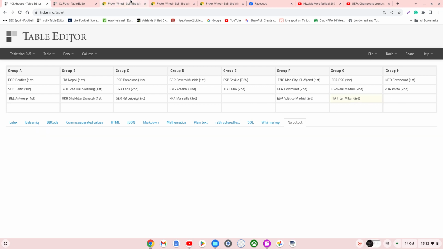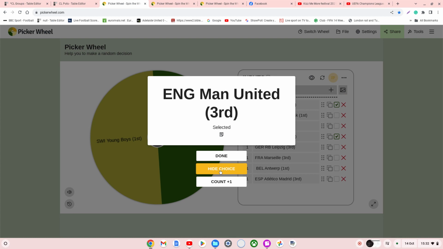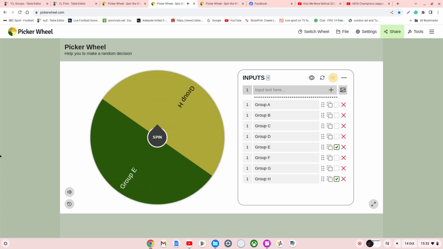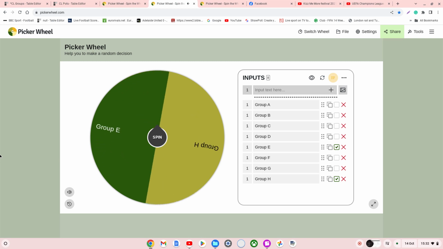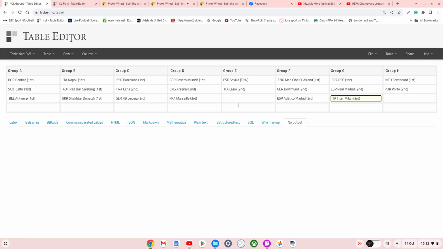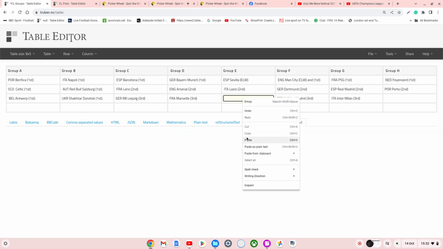E or H. Who's it going to be? And it's going to be Group E for Manchester United. Manchester United will be in Group E and they'll be facing Lazio and Sevilla, the Europa League winners.